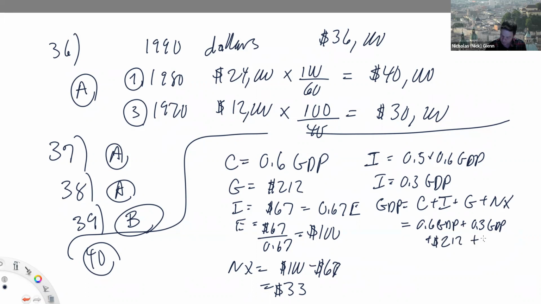And net exports we said was $33. So what can we do here? Well, we can subtract 0.6 GDP and 0.3 GDP from both sides. So that's 0.9 GDP. You subtract that from GDP, which gives you 0.1 GDP. On the right-hand side, what do we have left? Well, $245. If we multiply through by 10, we'll get GDP equals $2,450. And so that will be C.